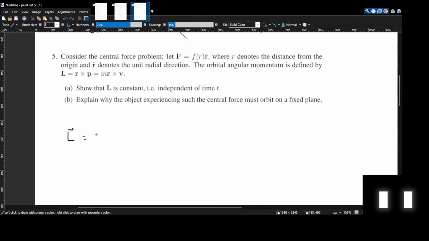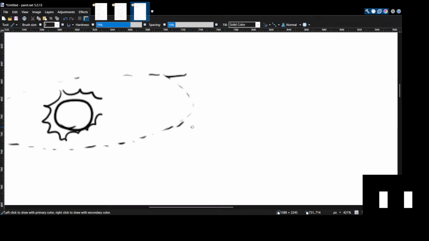The angular momentum is equal to r cross p, which means that let's say if we have the sun or something, and a planet is orbiting around it. Then over here the velocity is going in this direction, and the vector r is going in this direction.